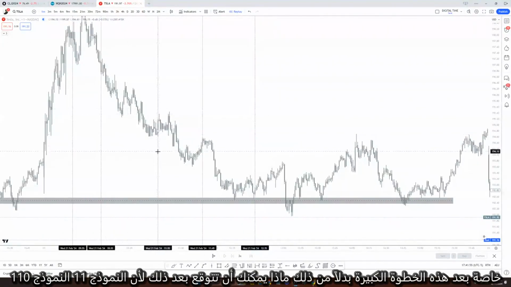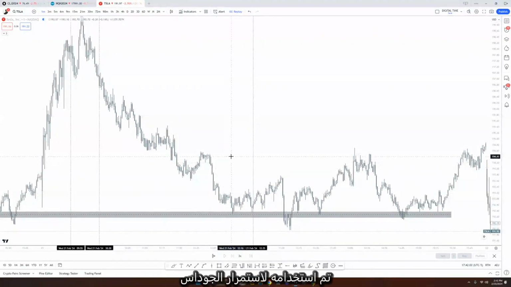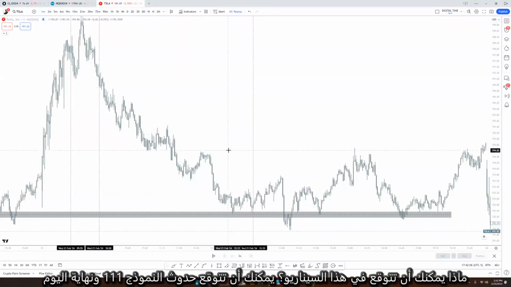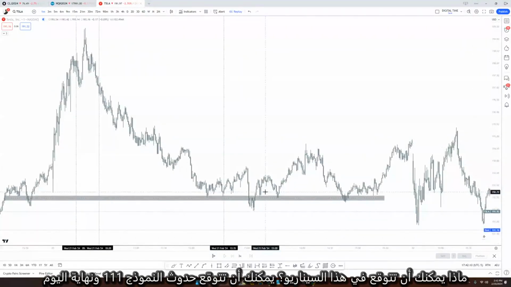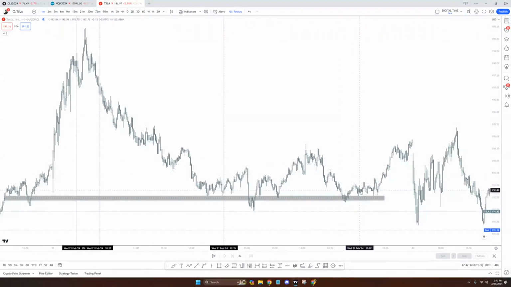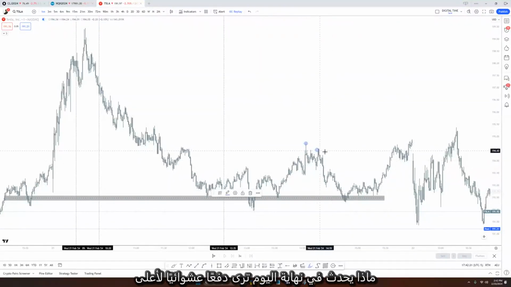Instead, what can you expect after? Because Model 110 was used for continuation of Judas. What can you expect in this scenario? You can expect Model 111 to occur, an end of day move to take out any low resistance liquidity. Where is the low resistance liquidity? Right there.